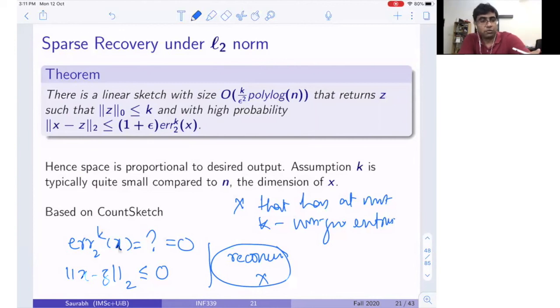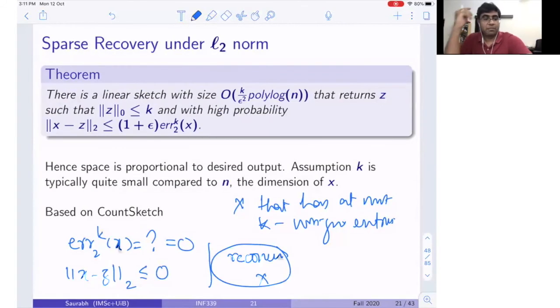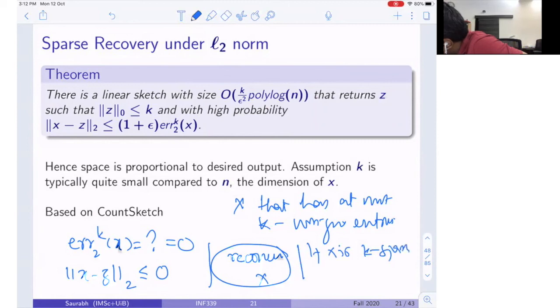So if x is a k-sparse vector, then we reconstruct it exactly.